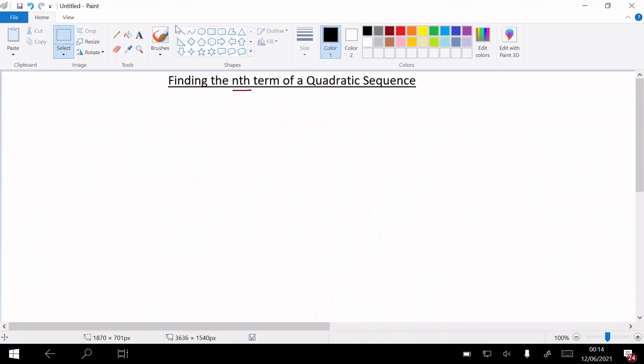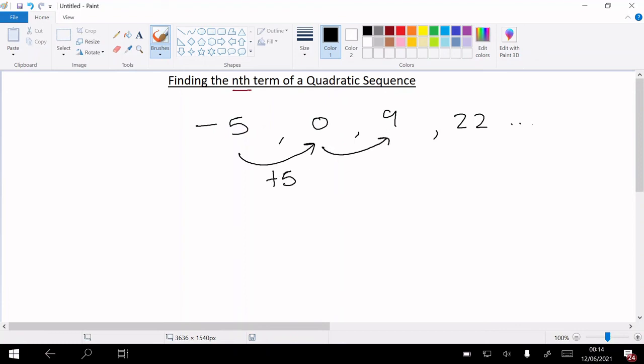The second question we have is -5, 0, 9, 22, and so on. Of course, find the first difference: +5, +9, +13.